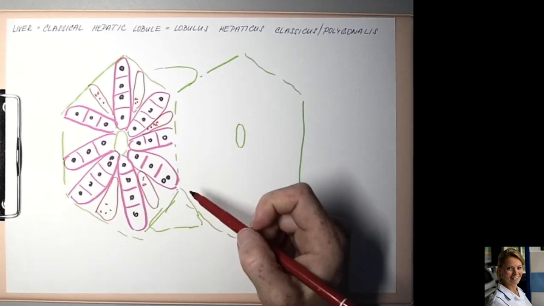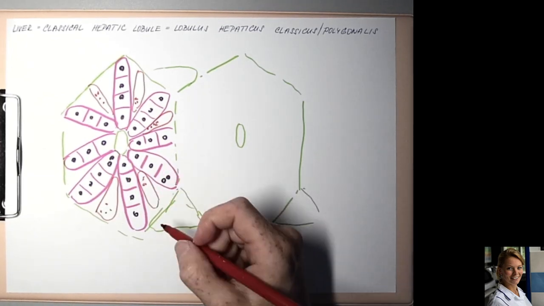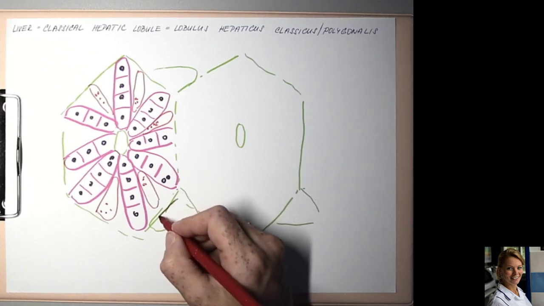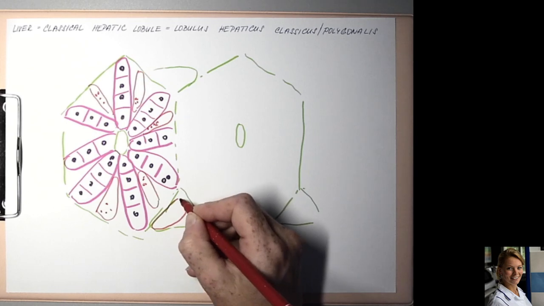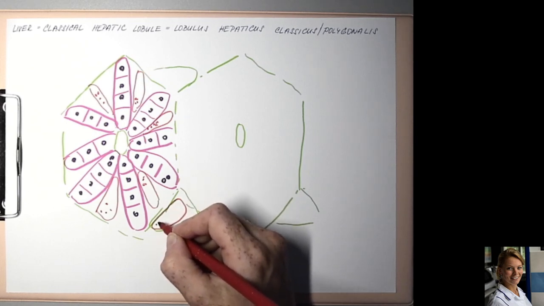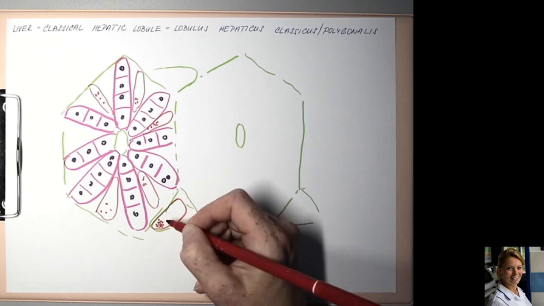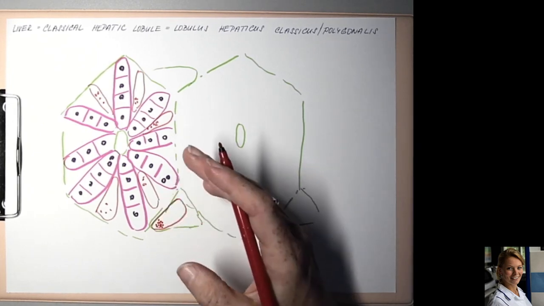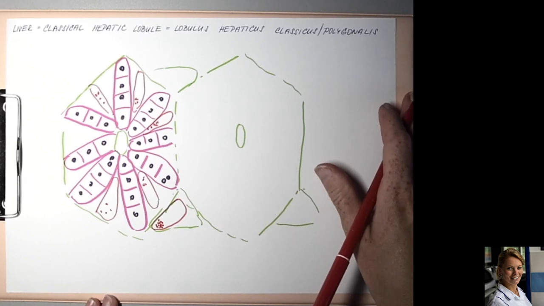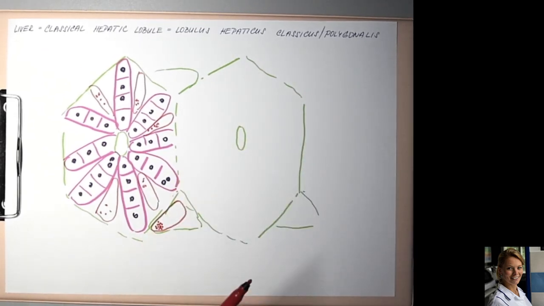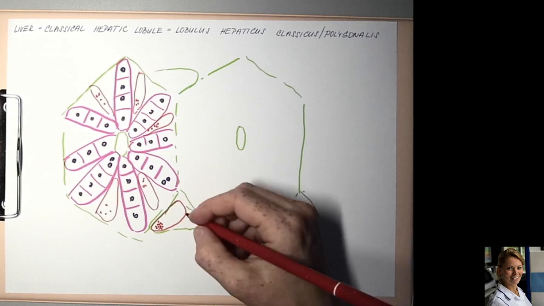The portobiliary space contains an interlobular vein with a thin wall. Very often you can see erythrocytes inside the interlobular vein, and its shape is very variable.